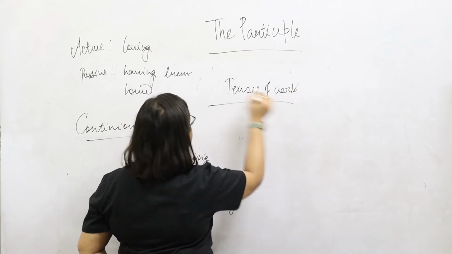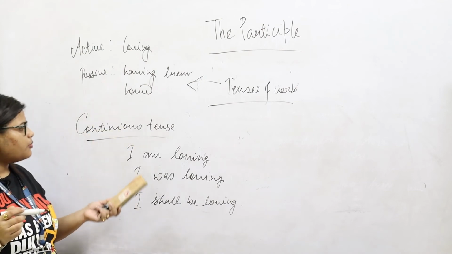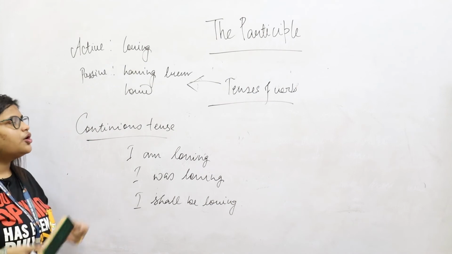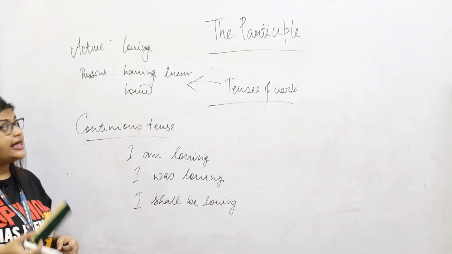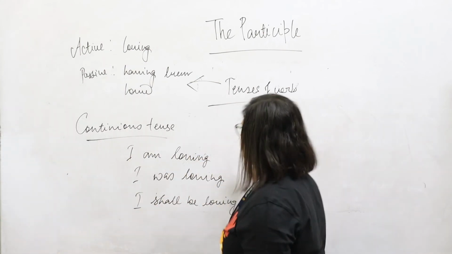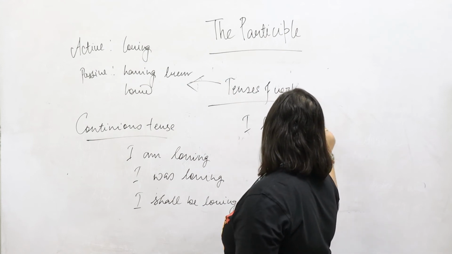So these are also in the tenses of the verb. When we talk about participles, it certainly overlaps with the utility of the tenses. If we want to take this in the past tense, it would be I have loved.